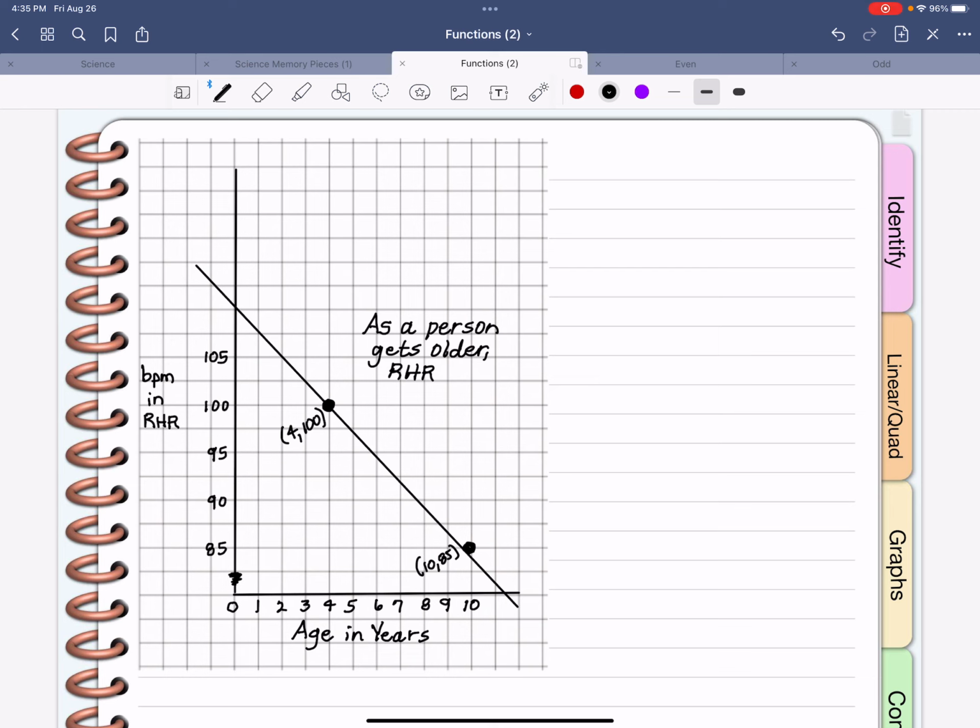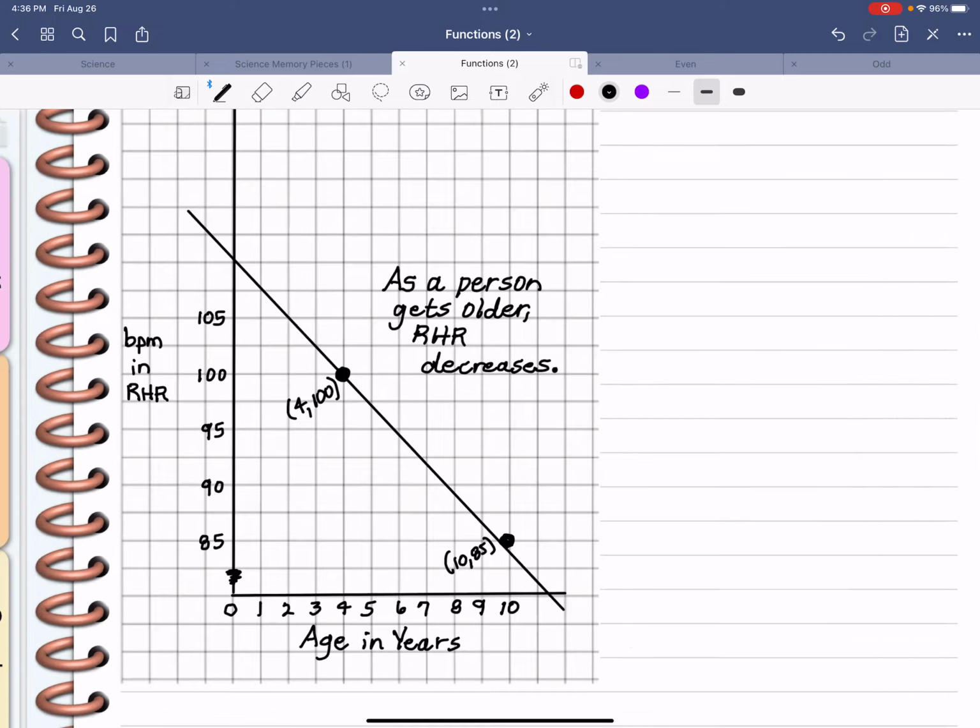What's the slope of this line showing? It decreases. It goes down. Okay? Now, it doesn't just plummet. It steps down at a predictable, consistent rate of change.